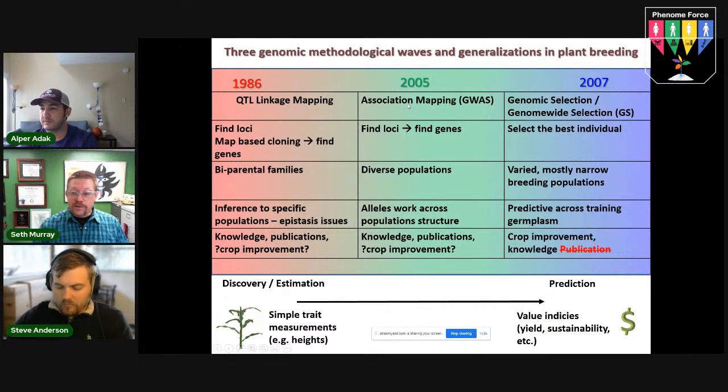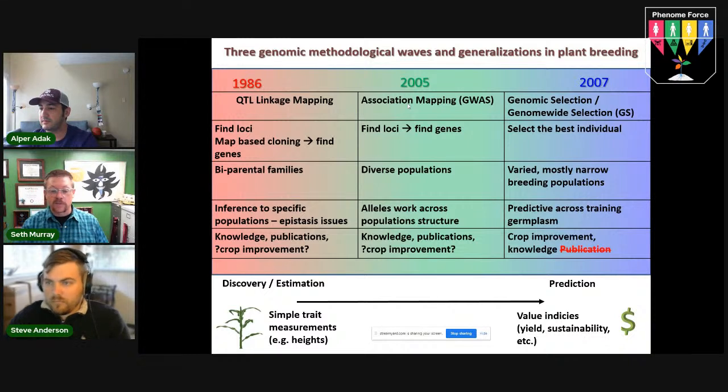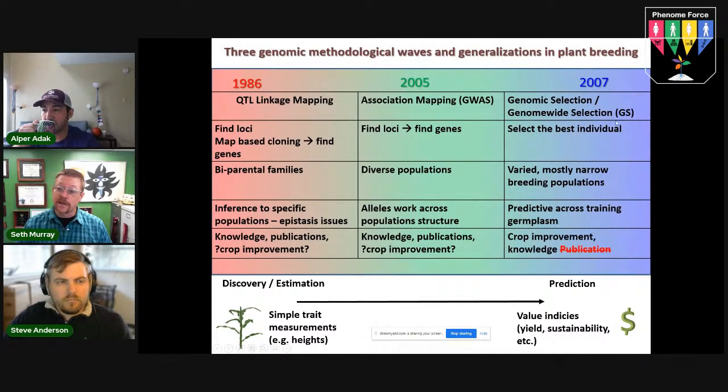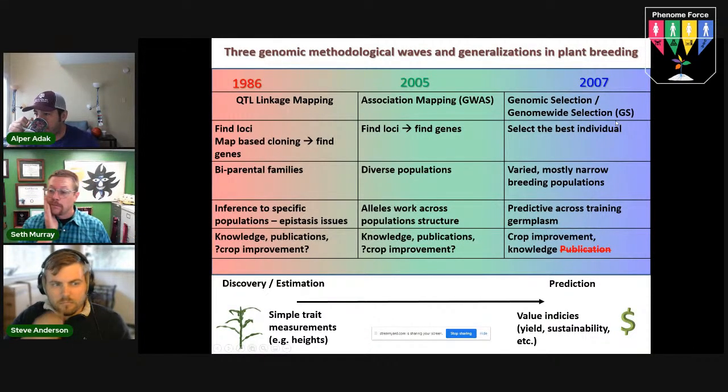In 2005, we started seeing the first genome-wide association studies, and it's been sort of the same case. There was a lot of enthusiasm that we were going to find genes that were going to help with crop improvement, but given the investment, those just haven't translated into the improvements that we hope to see. And then in 2007, we started seeing genomic selection and genome-wide selection with Bernardo and Yu and Meuwissen and many other people.